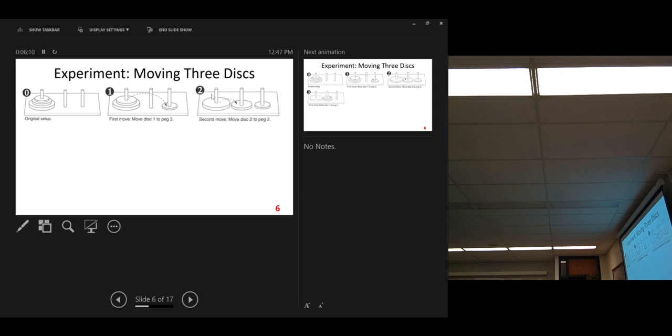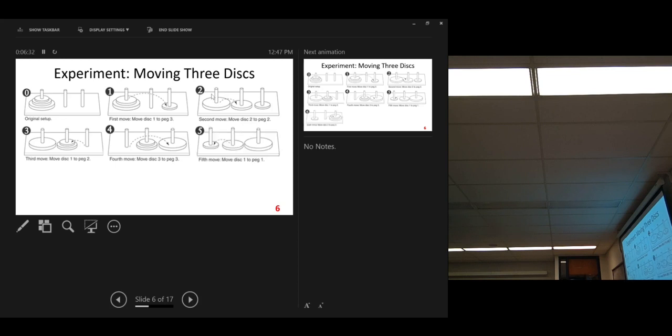Second, the middle one moves to peg 2. Then move the smallest back to peg 2. So you can see we solve the problem of size 2. Then move the largest to peg 3. Then the smallest to peg 1, the middle one to peg 3, and the smallest to peg 3. We get a solution. See?